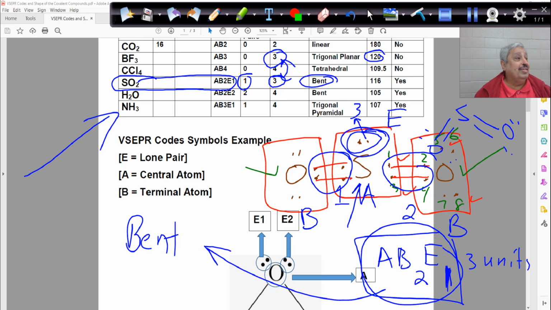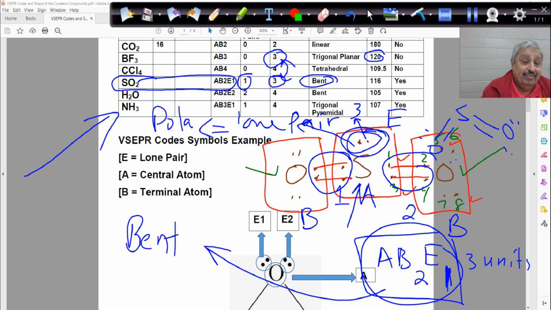Non-polar. We'll open an option here. No. Okay, no option. So this is polar. Why? Yes. Perfect. Excellent. So that is the lone pair. The lone pair will force the molecule or the compound to be polar.